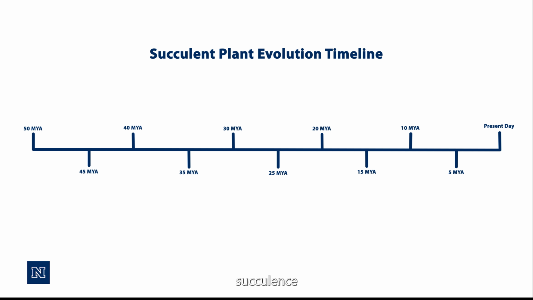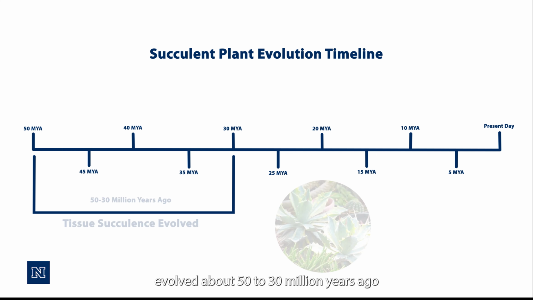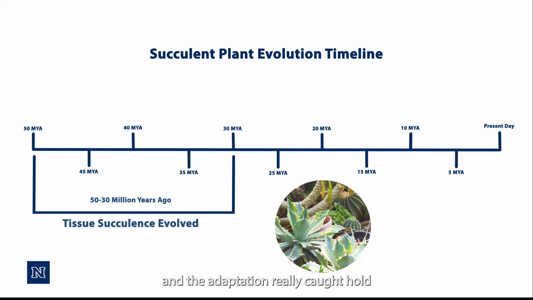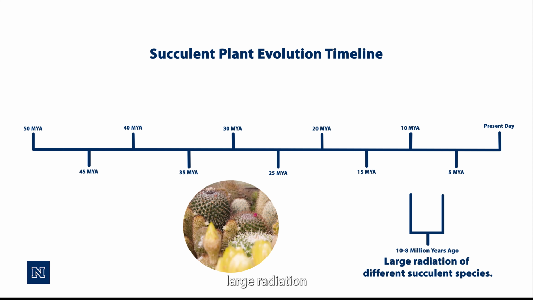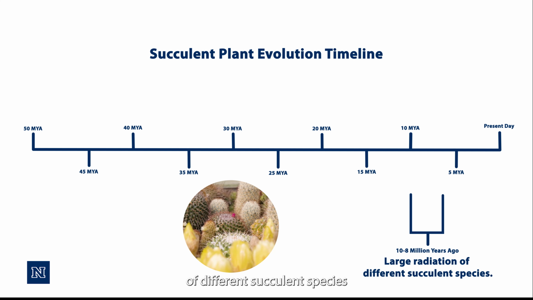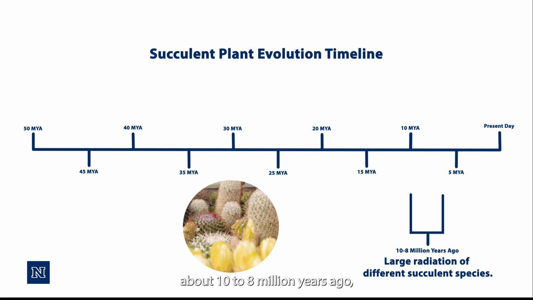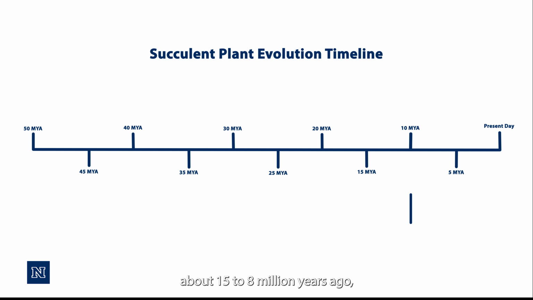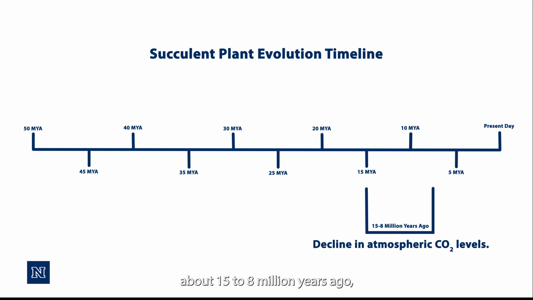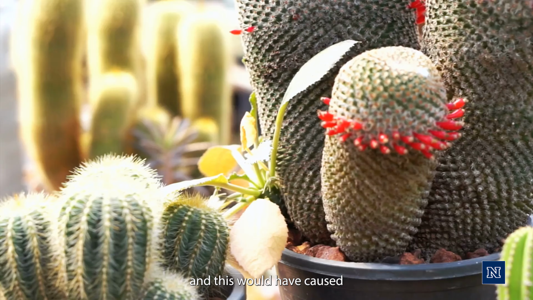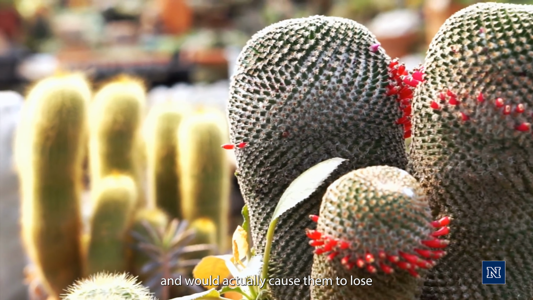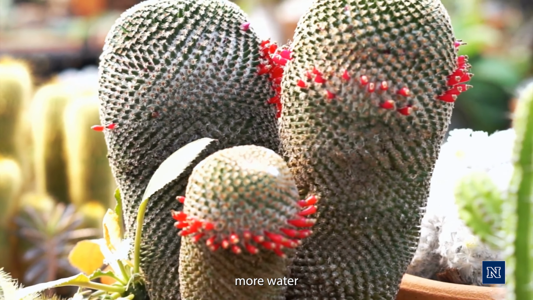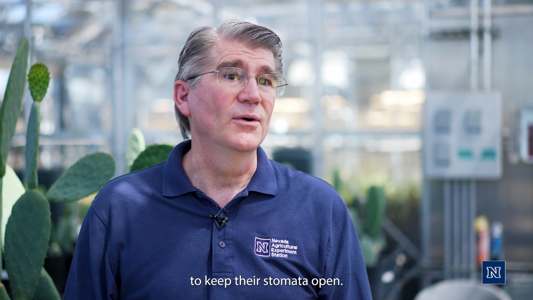It's thought that tissue succulence evolved about 50 to 30 million years ago, and the adaptation really caught hold, and there was a large radiation of different succulent species about 10 to 8 million years ago. About 15 to 8 million years ago, there was a decline in atmospheric CO2 levels, and this would have caused a stress on plants and would actually cause them to lose more water because they would have to keep their stomata open.